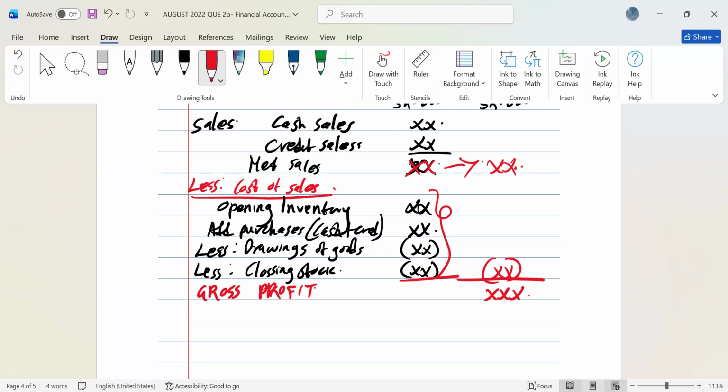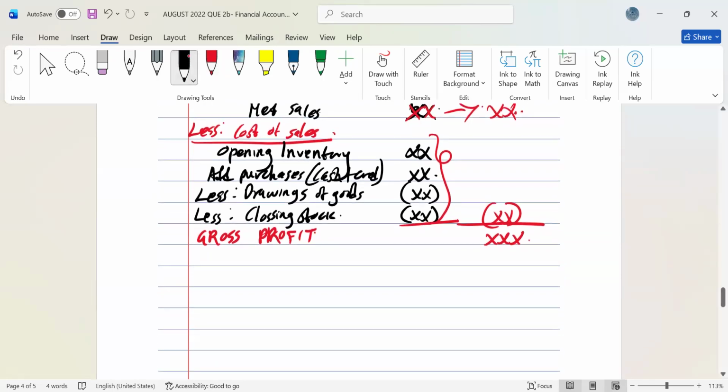Now, the next item that you need to put in place is we are adding other incomes. In our case here, we only had rent income. But in some other questions, you might find some other incomes. So we bring it here.